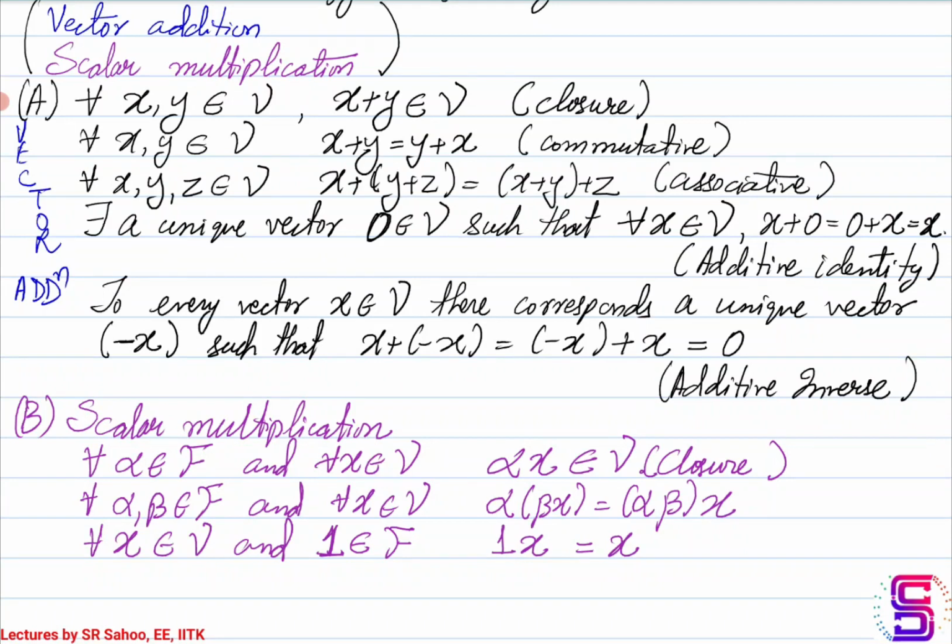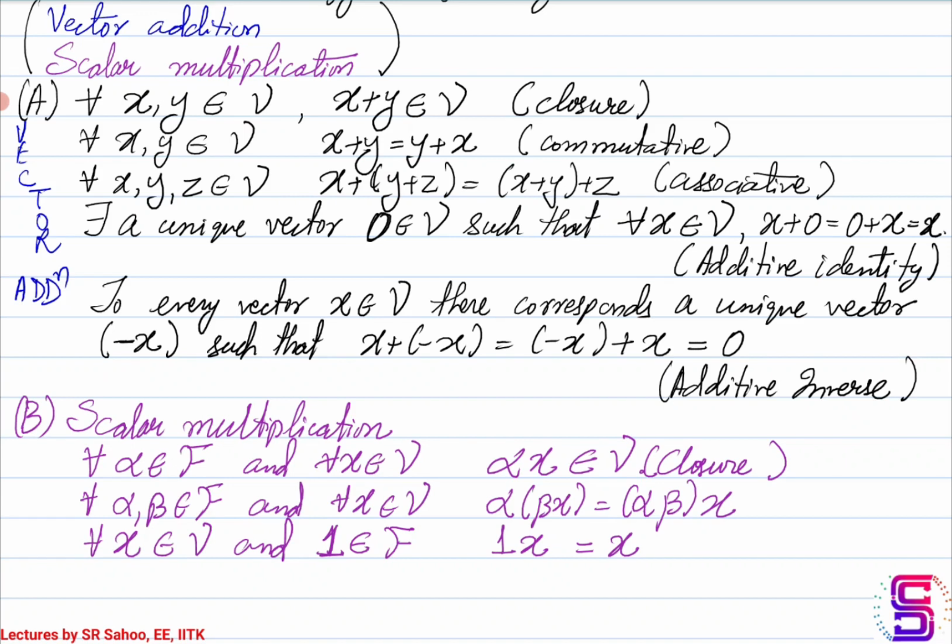This is where we see the interaction between the elements from the field and the elements from the set V. Alpha is a scalar taken from the field and x is a vector taken from V. Alpha multiplied with x will always give you a vector back in the set V. This is the closure property, so closure is satisfied under scalar multiplication.